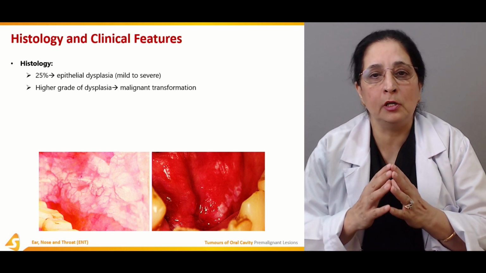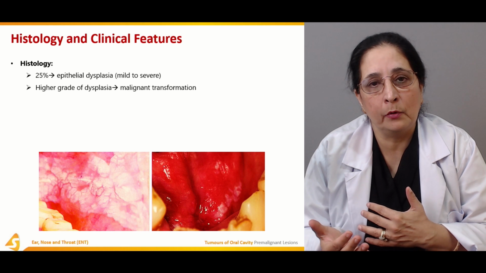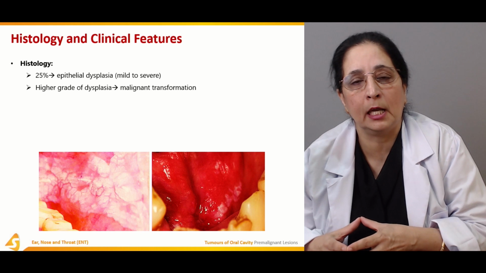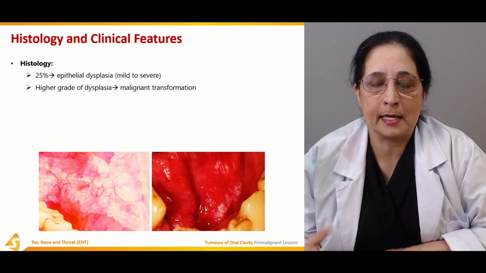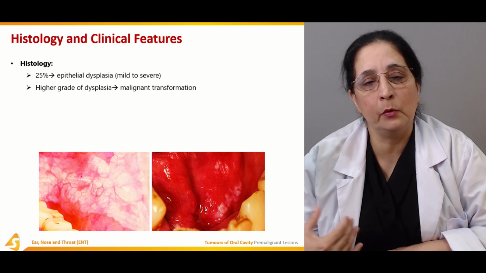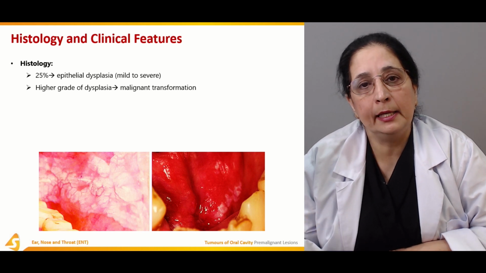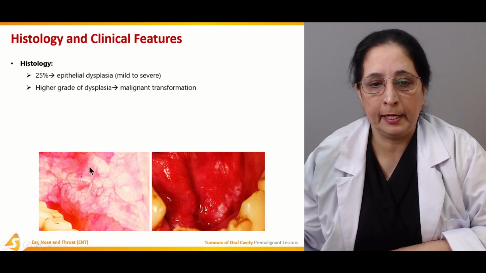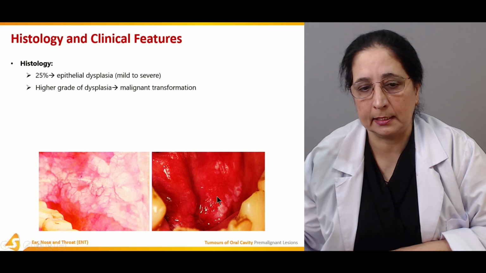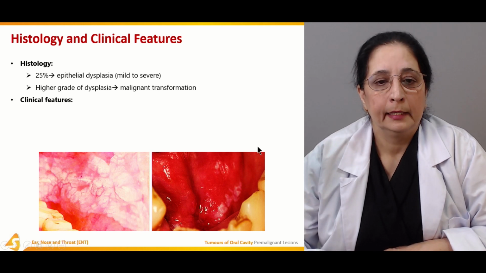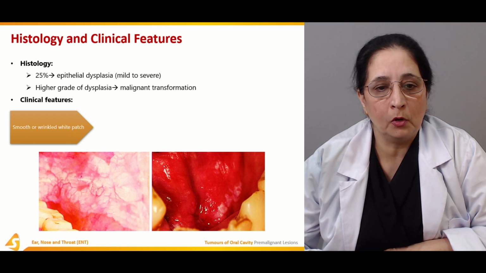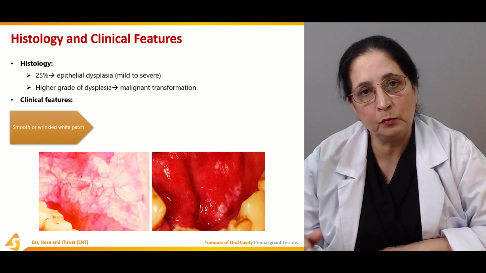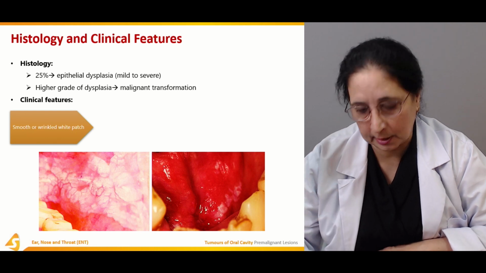On the histology, if the cells are more dysplastic, from the mild to the severe type, poorly differentiated, with more cellular changes present, they are more prone to develop malignancy. So these are the leukoplakia white patches. Clinical features are a smooth or wrinkled white patch.